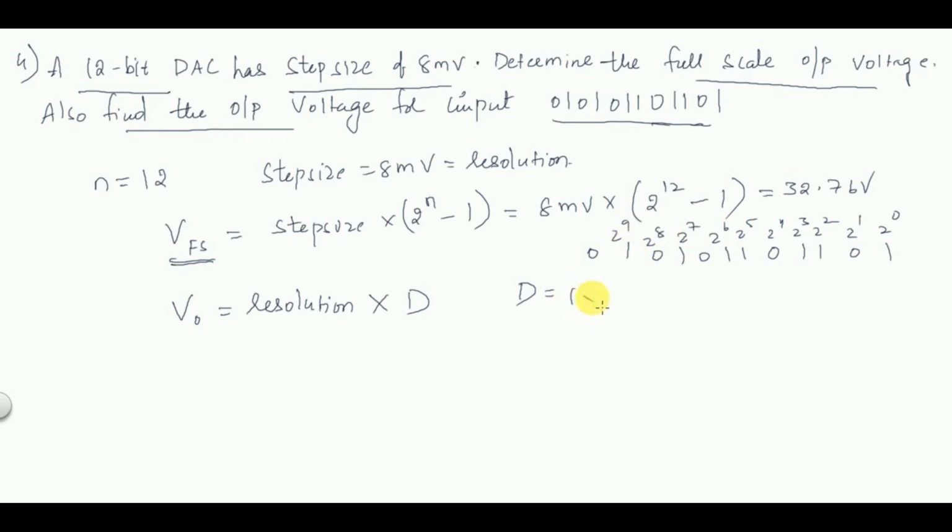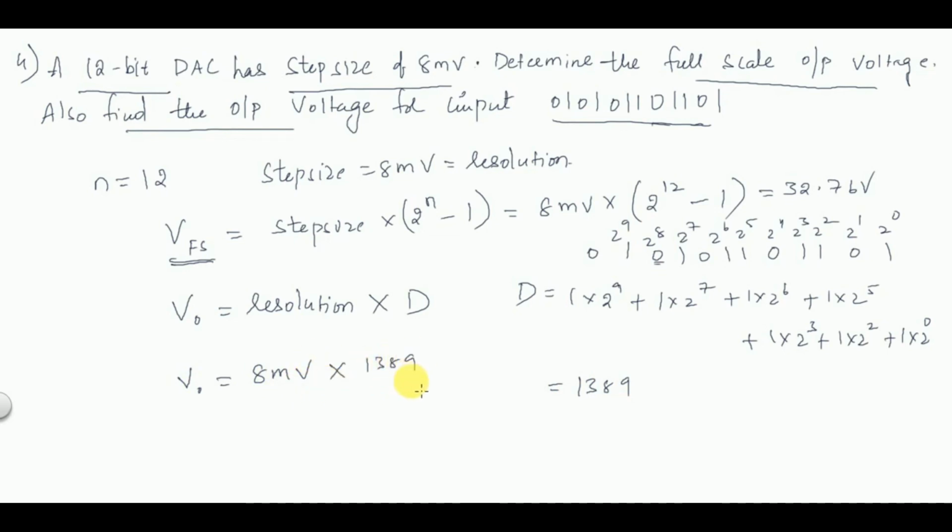So D is equal to 1 into 2 power 9 plus 1 into 2 power 7 plus 1 into 2 power 6 plus 1 into 2 power 5 plus 1 into 2 power 3 plus 1 into 2 power 2 plus 1 into 2 power 0. If you calculate that, you will get around 1389. So output voltage is equal to resolution, 8 millivolts, multiplied by 1389.